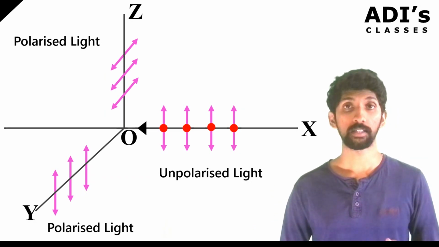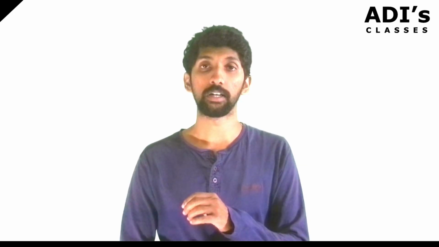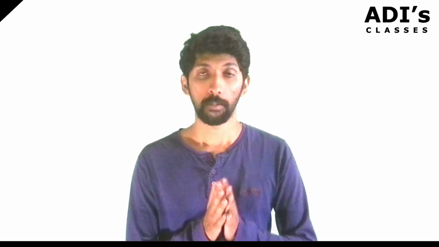The second method is polarization by reflection. Now this is quite an important part, because when we talk about reflection, the first thing that comes to our mind is a mirror, correct? But in this case, we are not looking at a mirror.